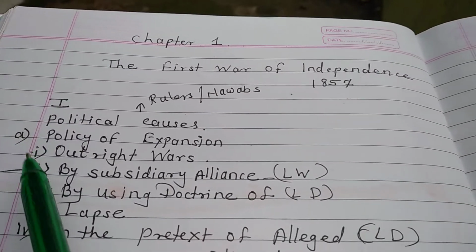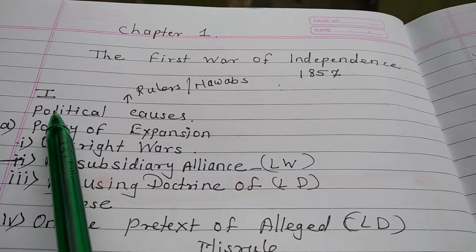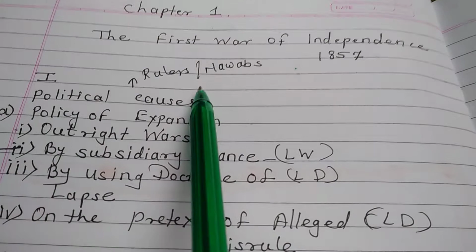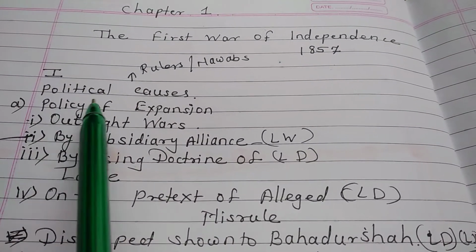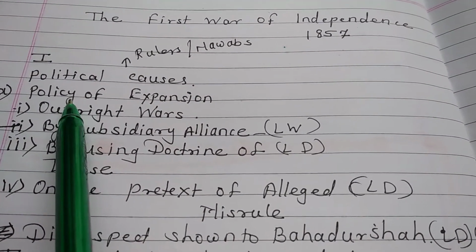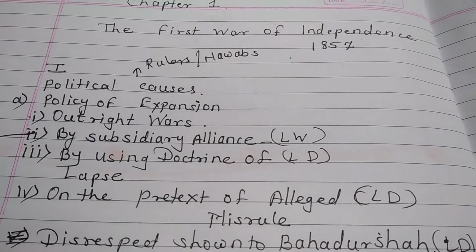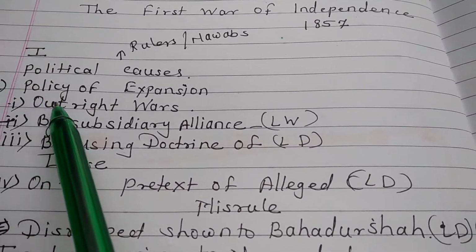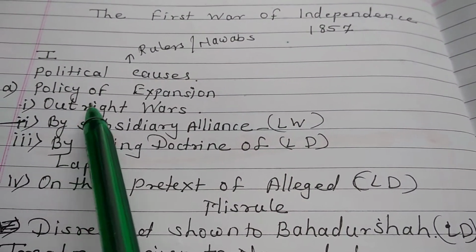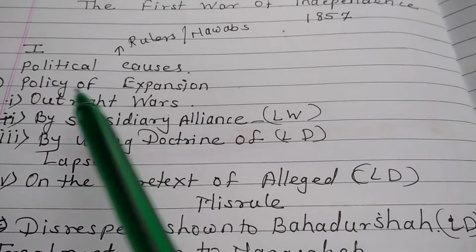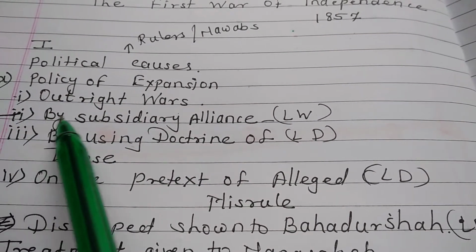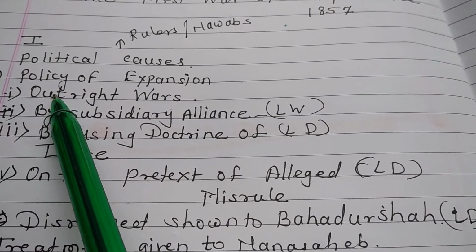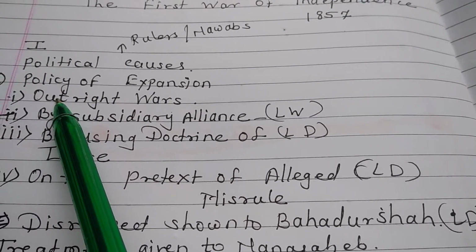The first cause we will see is the political causes. In that, at first we will see the policy of expansion. For the policy of expansion, the British did outright wars. They started to fight with various kings, princes, or rulers.